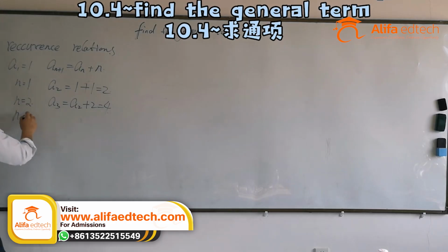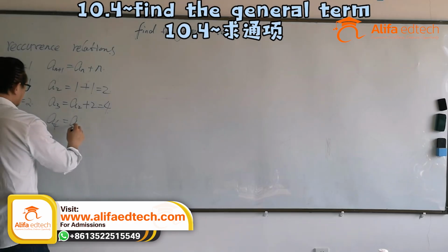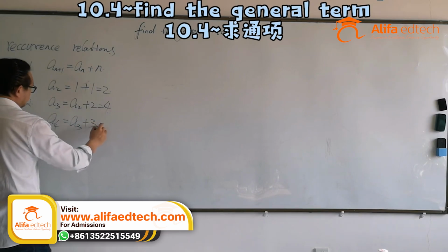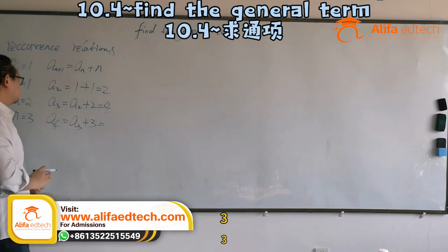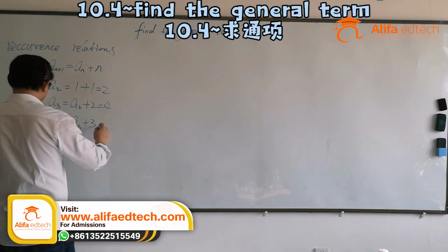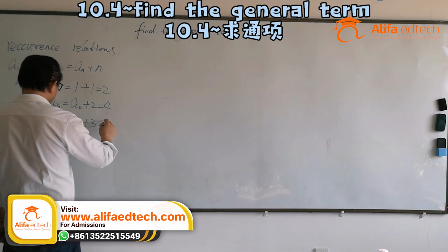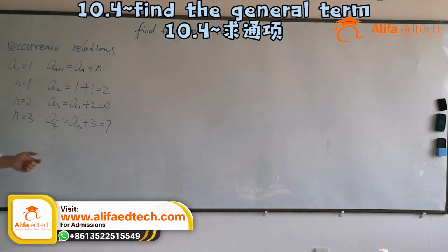If n is 3, a4 equals a3 plus 3 equals 7.